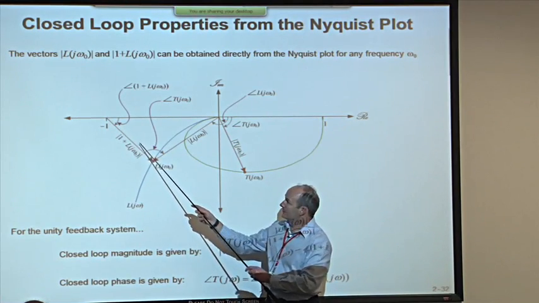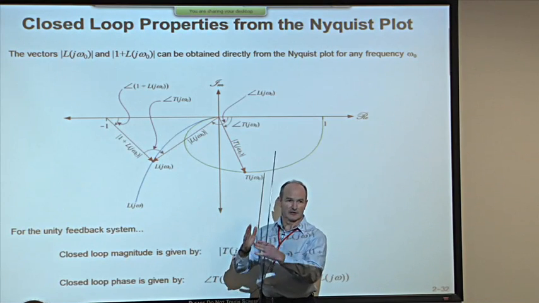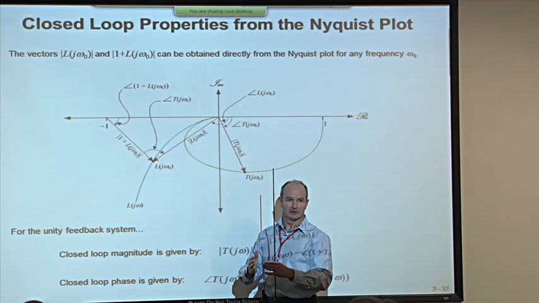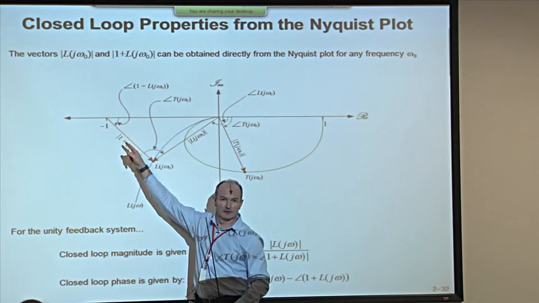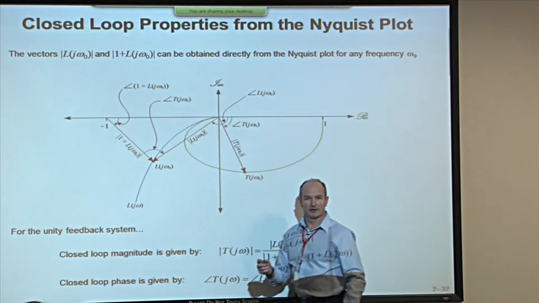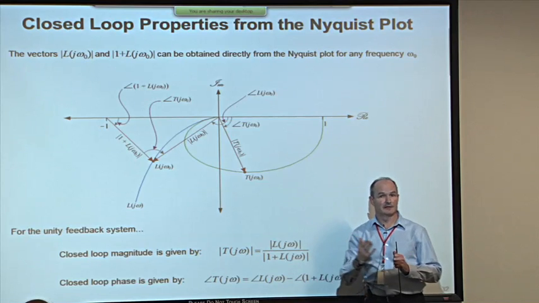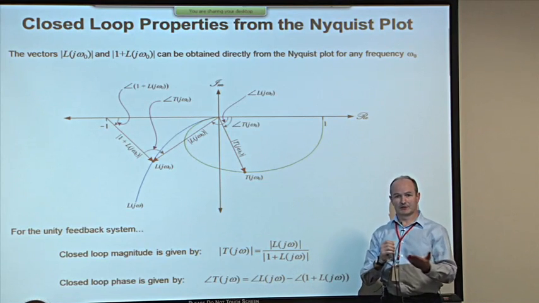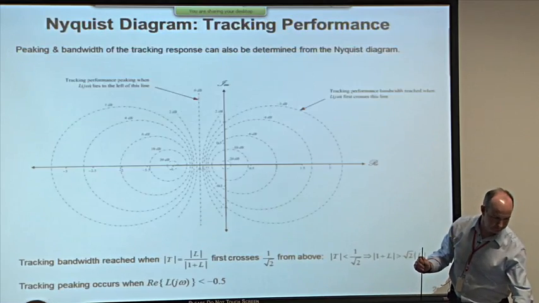We're getting very close to the critical point. So the peak in the sensitivity function captures sensitivity to disturbances, but it means we haven't got a very big stability margin now. So it makes a lot of sense, rather than using phase margin or gain margin, to capture relative stability in terms of the peak in the sensitivity function.